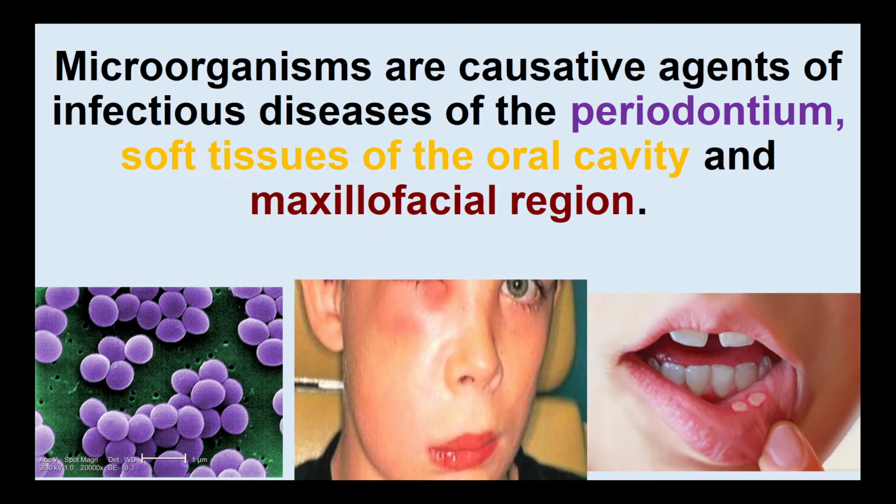Maybe I need to talk about other diseases in the oral cavity, such as those of the periodontium, soft tissues, and maxillofacial regions. So, the bacteria or microorganisms that are causative agents of infectious diseases of the periodontium, soft tissues, and maxillofacial region.